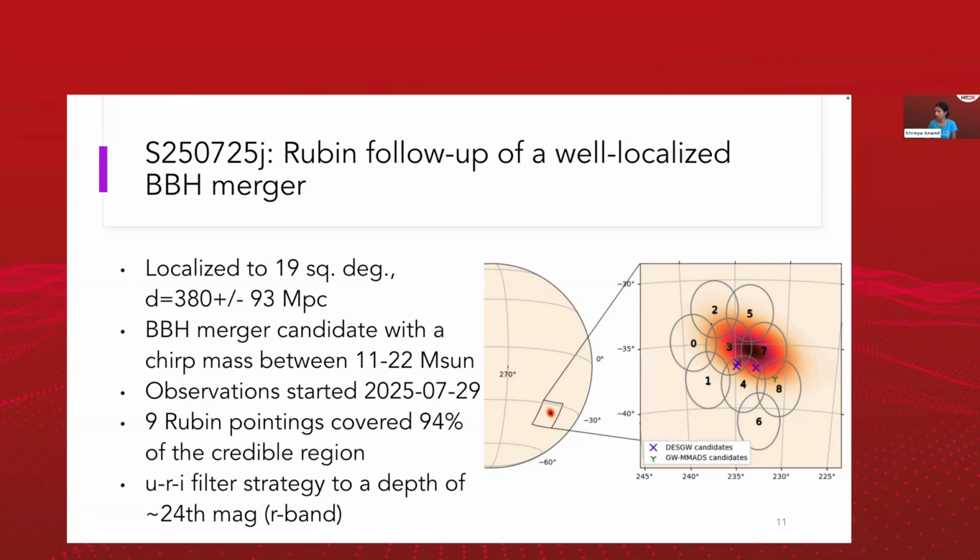So here you can see Rubin pointings covering the binary black hole merger sky map, which again was very well localized. And we performed a filter strategy in the u, r, and i bands, reaching a depth of about 24th magnitude in r.